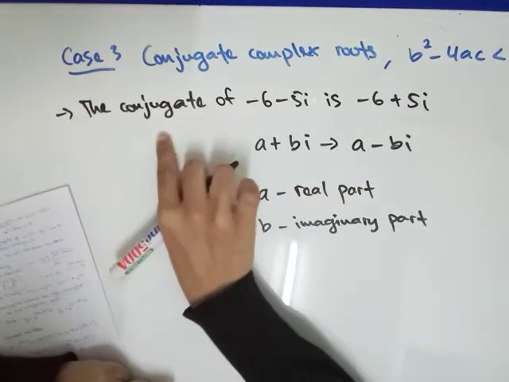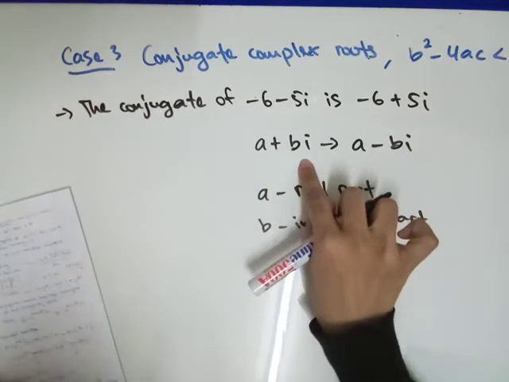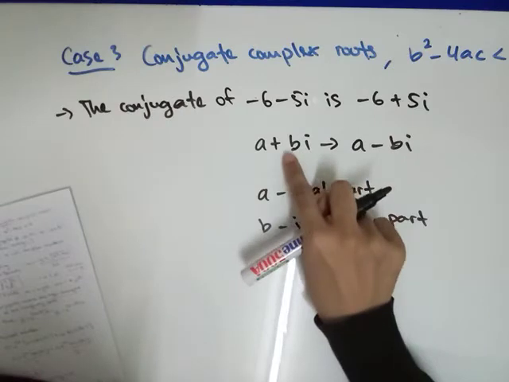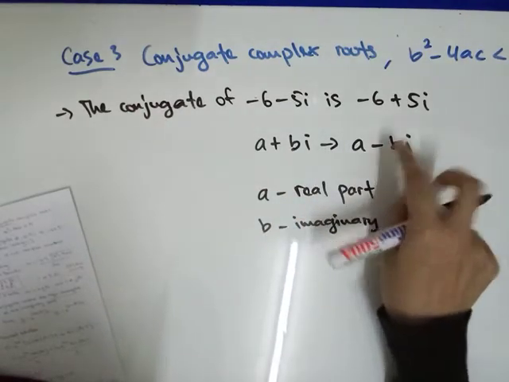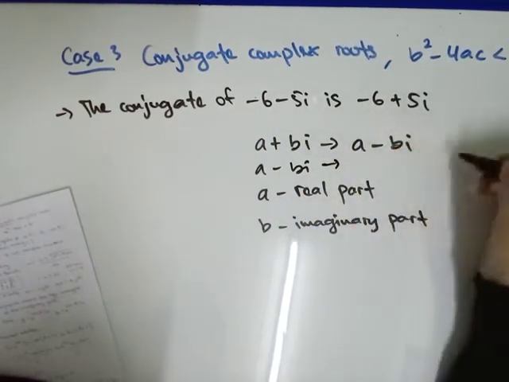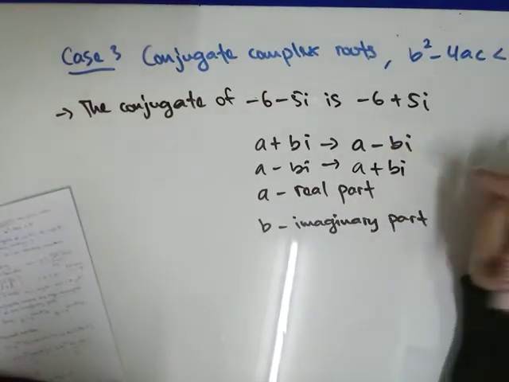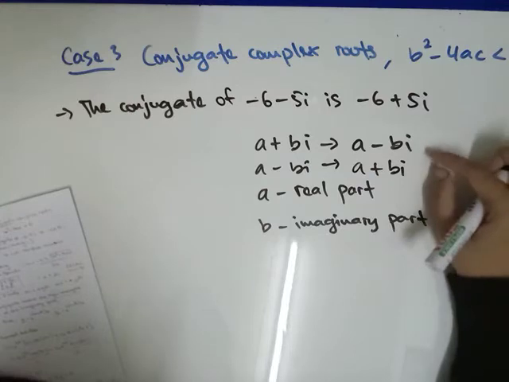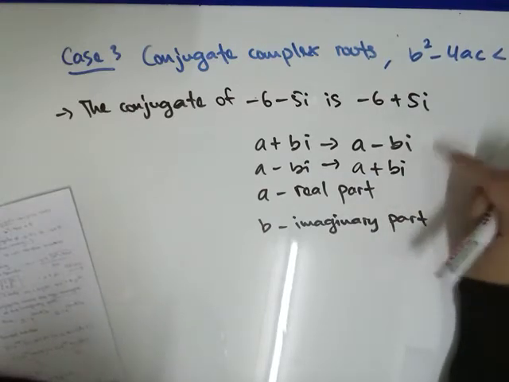So when we conjugate a plus bi, it will become a minus bi. That means the sign of the imaginary part changes from positive to negative. Or if we have a minus bi, conjugate it and it will become a plus bi. This is what we call conjugate. Ni kita recall saja, nak bagi awak faham apa tu conjugate. Boleh faham nah?